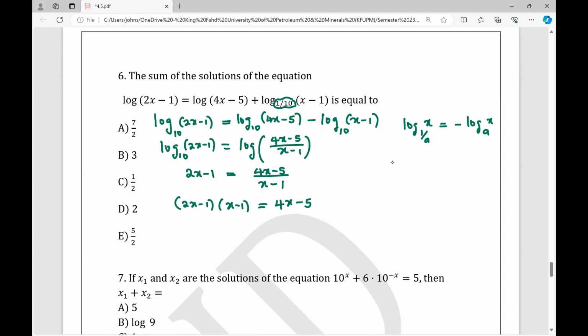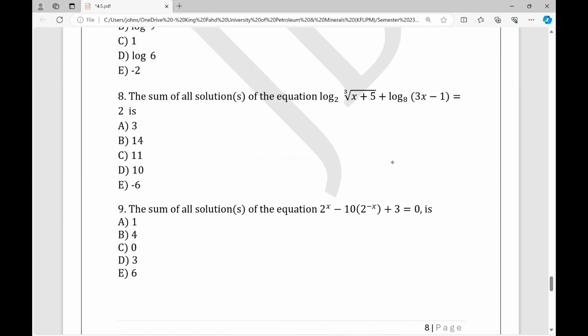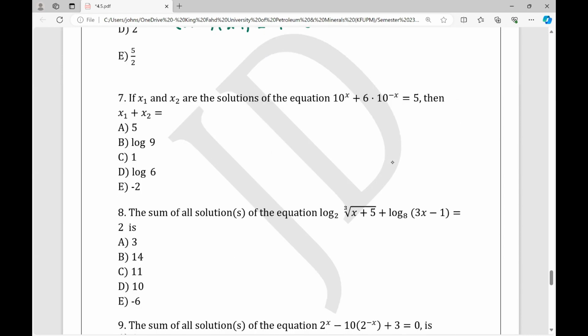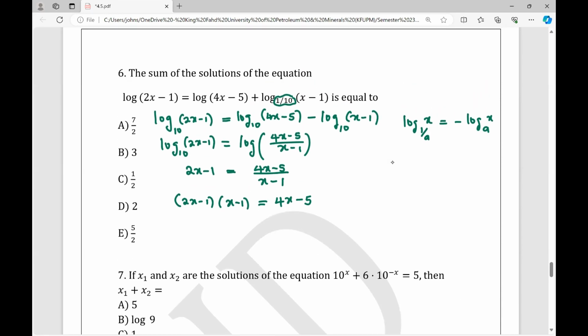Now if you cross multiply, 2x times x is 2x squared, minus 2x, then also minus x, plus 1, equals 4x minus 5, correct?